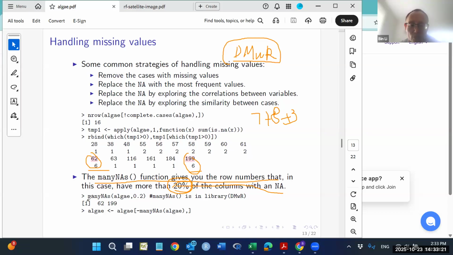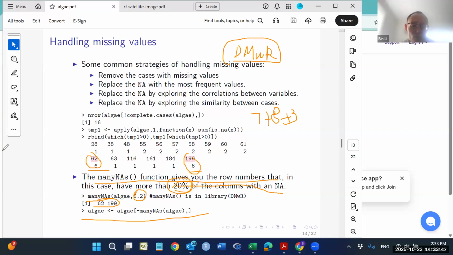So here I'm using manyNAs on algae with 0.2. That means if any observation has over 20% missing values, then this observation will be removed.